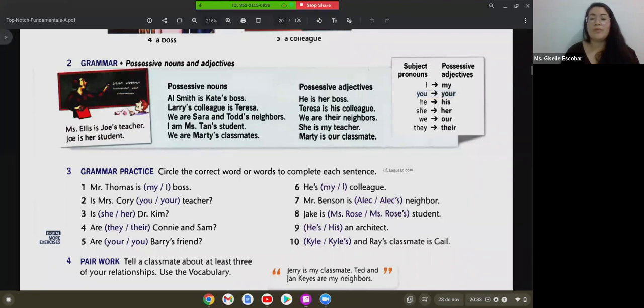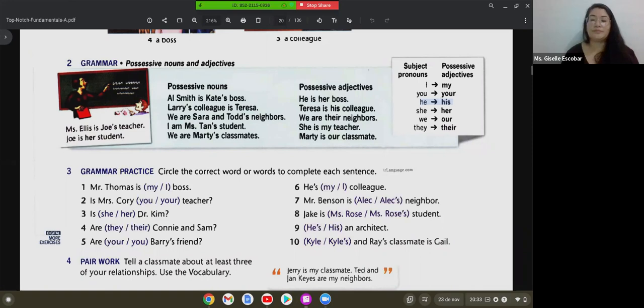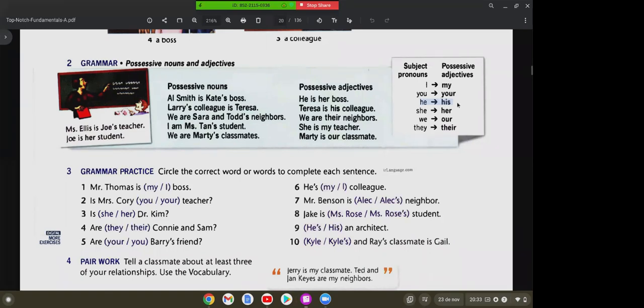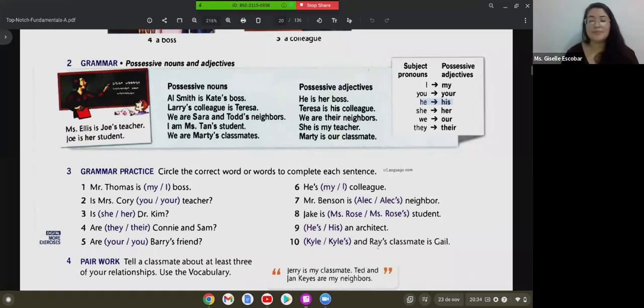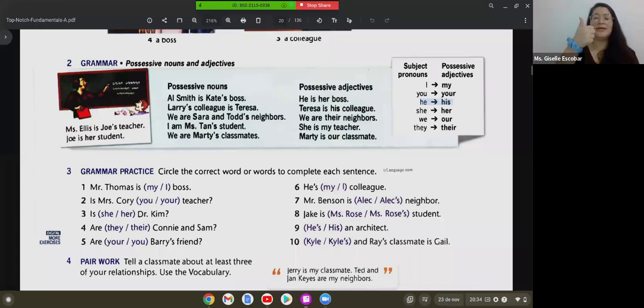Awesome. With he or his. His book. His book is big.